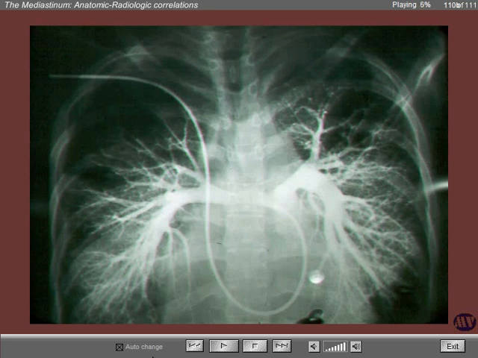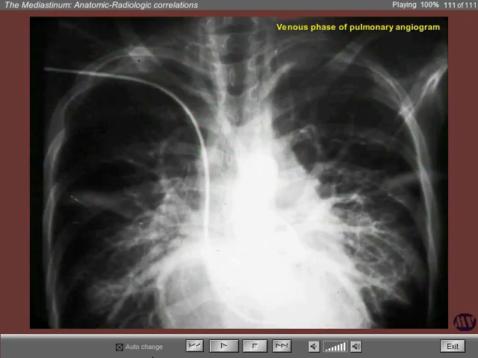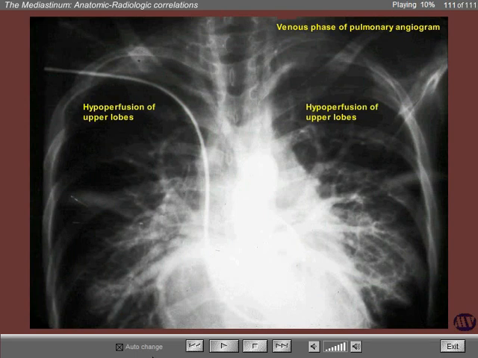A pulmonary angiogram was performed looking for pulmonary embolism. In the upper lobes, note that there is obstruction to the flow and there is also encasement of the proximal right pulmonary artery. This latter finding would be against a simple case of pulmonary embolism. An angiogram was ordered and showed hypoperfusion of the upper lobes, but the striking finding was the mass surrounding the heart.